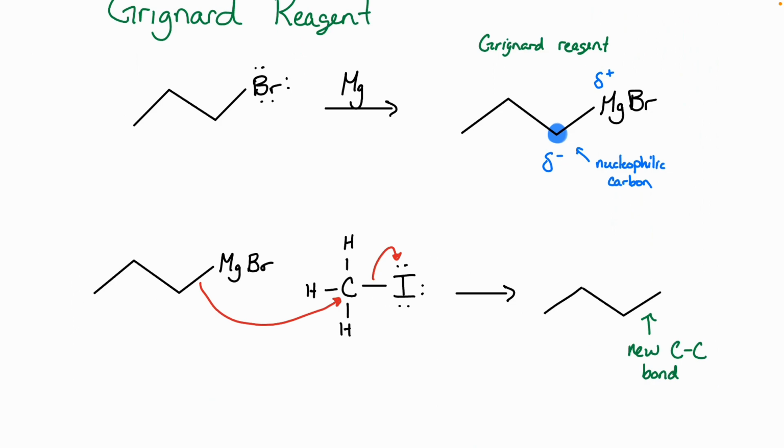This is probably the easiest and most efficient way to form new carbon-carbon bonds in the organic chemistry lab, using these Grignard reagents. They work great. They're easy to make. Magnesium's not expensive. So if you have your alkyl halide, you can just toss in some magnesium to create your Grignard reagent, and then you can react it with any electrophile to create a new carbon-carbon bond.